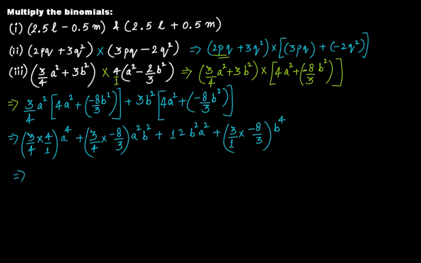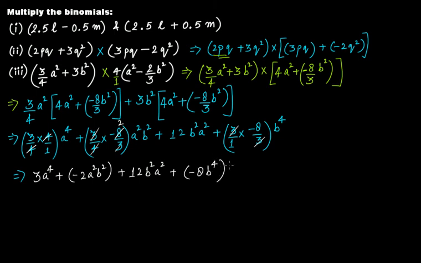So here you have 4 and 4, so this is gone. So you are left with 3a raised to the power of 4 here again, and 4 2, so here you have plus minus 2a squared b squared plus 12b squared a squared, then plus you have minus 8b raised to the power of 4.